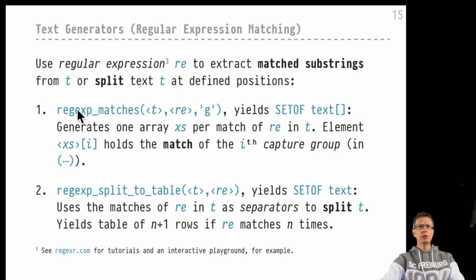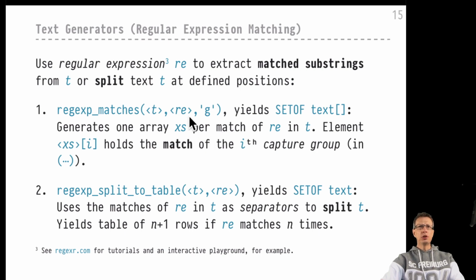There's a regex matches set returning function that will yield a set, or a table, of text arrays. So a table of text arrays is returned from the regex matches function. You can see what's being done here.